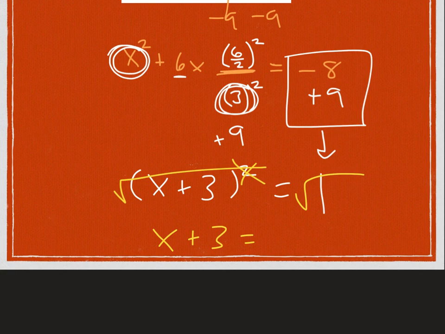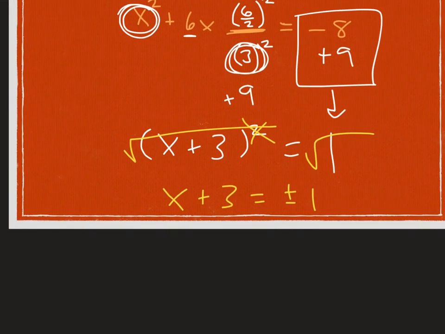And what is the square root of 1? 1. But what's the one thing we can't forget when we take the square root of both sides of our equation? Plus or minus. So this is plus or minus 1.